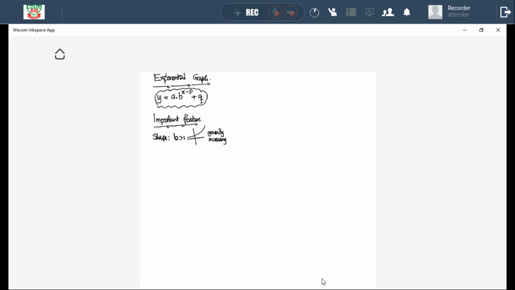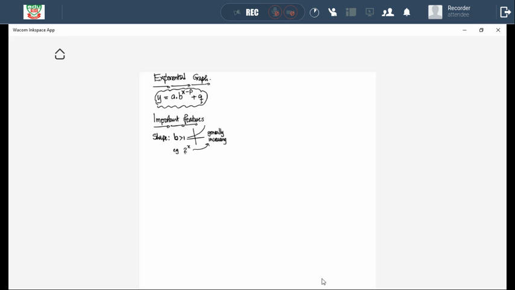If the base is greater than 1, then the function is going to be generally increasing. Say, for instance, if I put 2 to the power of x, the base is 2, which is greater than 1. So this is typical of an increasing exponential graph.